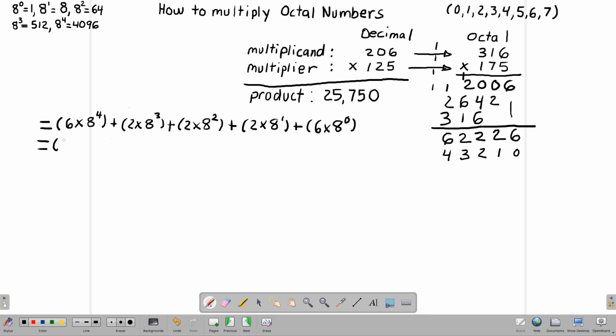Let's break it down even further. We have 6 times, and as we mentioned about the notes at the top left, they're coming in handy, we already indicated that 8 to the 4th power is 4,096. The next one is 2 times 8 to the 3rd power, which we mentioned is 512.